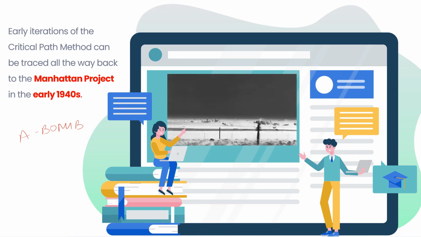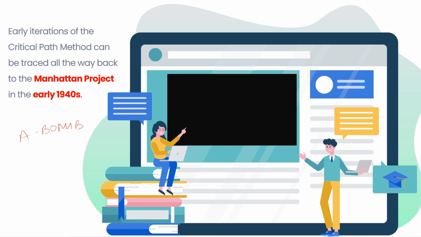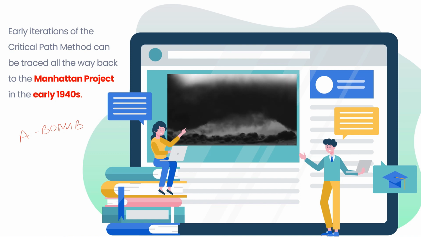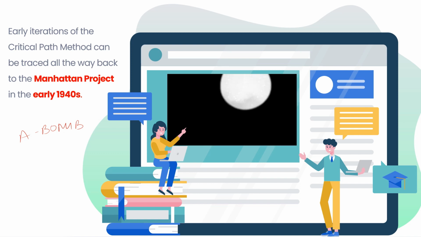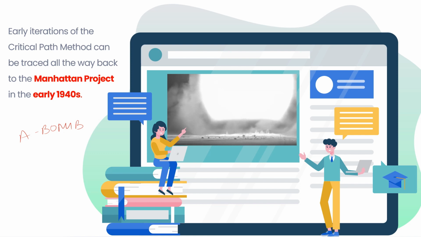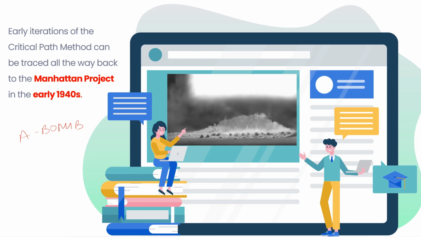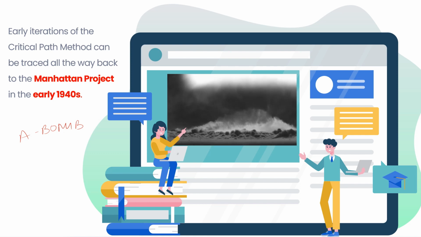After the war, these techniques were utilized in various industries and other sectors to get the benefit of the CPM technique, do their projects more efficiently, and benefit from analyzing and planning through CPM techniques.